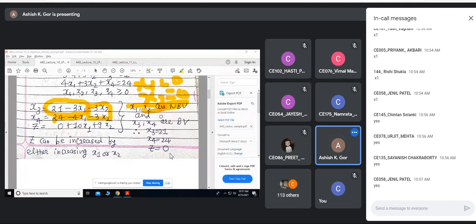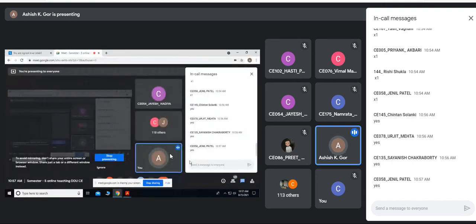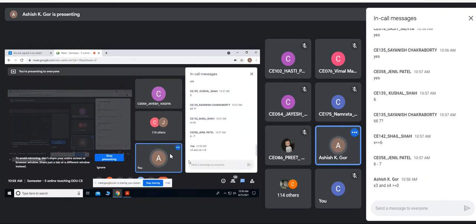But what is the constraint on x3 and x4? Yes, Tainish is correct, Janil is correct, partially correct. x3 and x4 are greater than or equal to 0, and that is a restriction. So I cannot increase x1 beyond 0 in the negative direction.